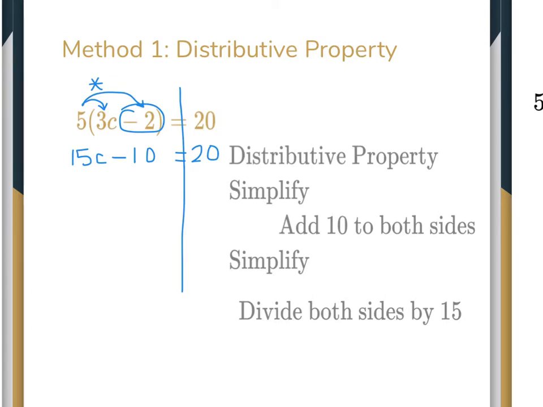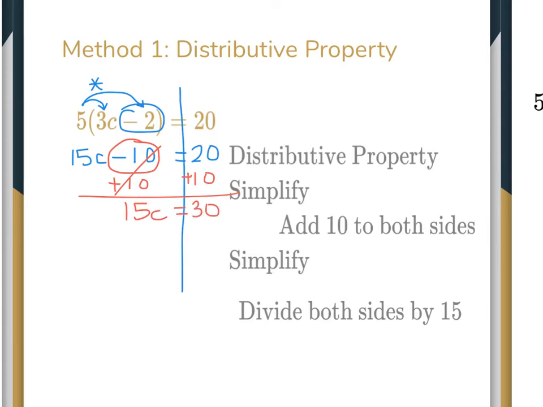From here we want to get rid of the term not directly with the variable, like the 15 is, so we want to cancel out that negative 10. We will do that by adding 10 here, adding 10 here, and 15c will equal 30.